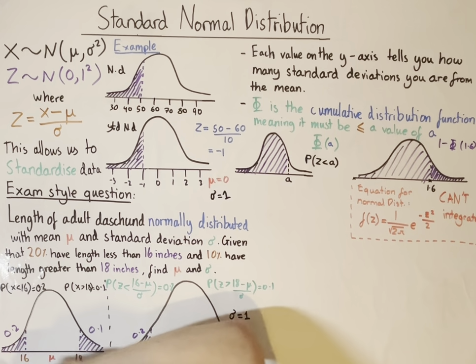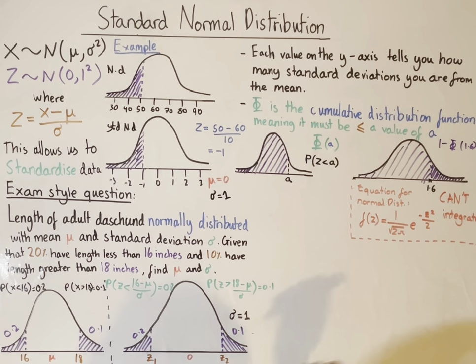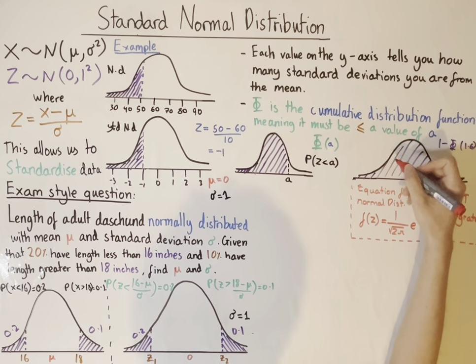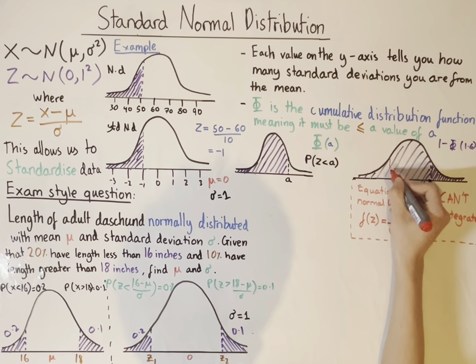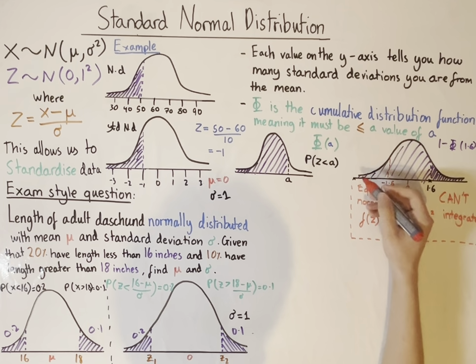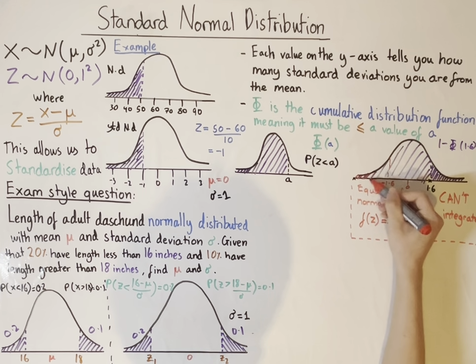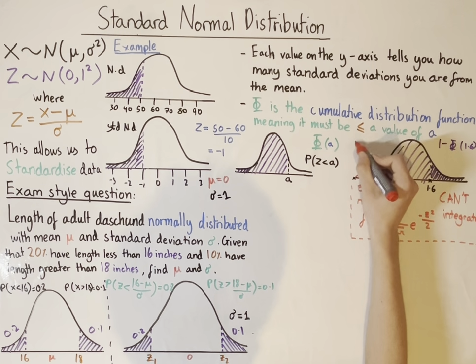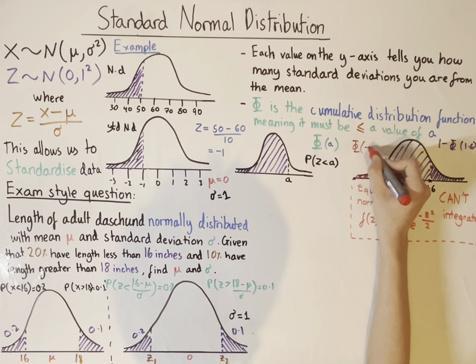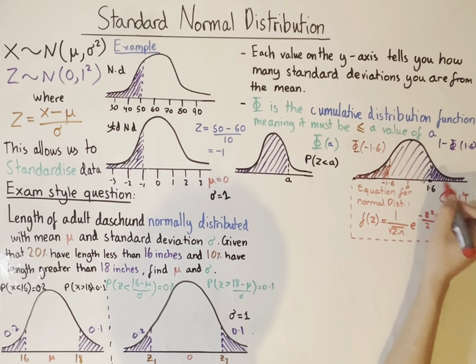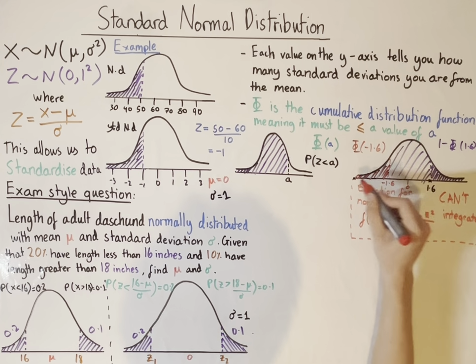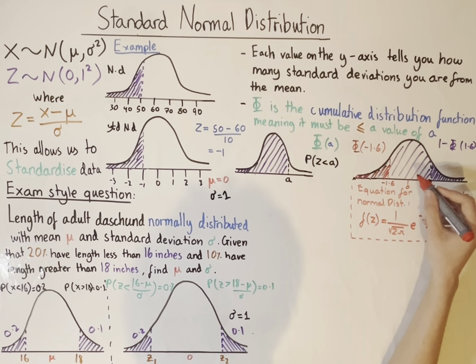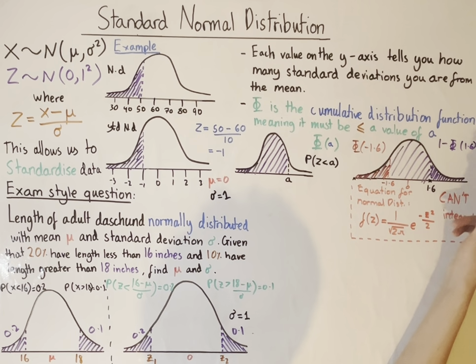Or we notice that this graph is symmetrical, and that if this is 0, then here we have minus 1.6. So phi of minus 1.6 will give us the same area as 1 minus phi of 1.6. So either we can use the symmetry of the graph, or we can just do 1 minus phi of 1.6.